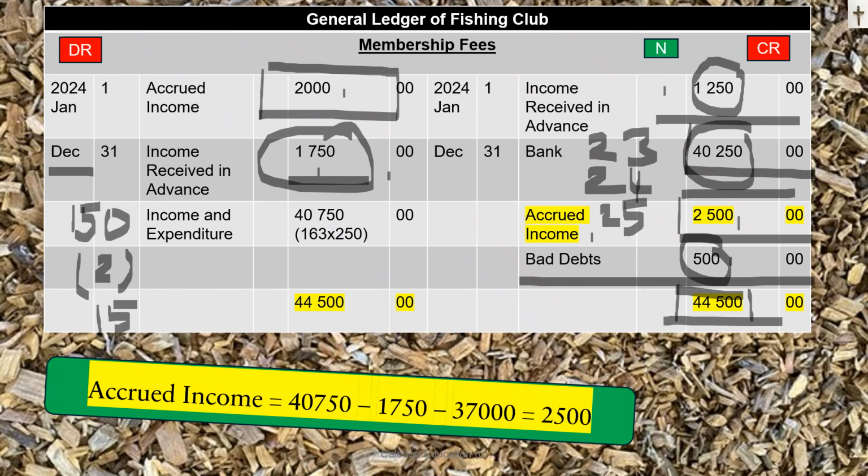Accrued income is equal to the income earned, right? 163 members times 250, less 1,250, which is the income received in advance from the previous year, the adjustment, less the cash for the current year that you received, is equal to 2,500. So let's quickly punch that into the calculator.